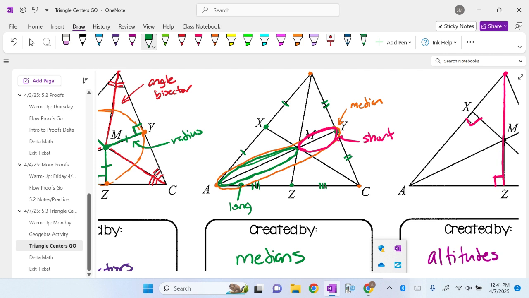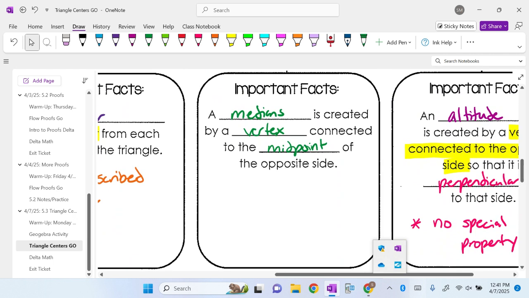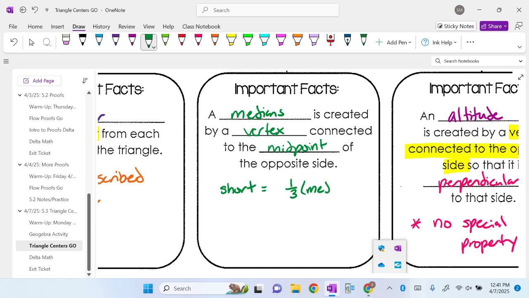And the way it works is that you can find the short segment by taking 1/3 of the median. So the length of the median, you essentially just divide it by what? So if I'm multiplying the median by 1/3, that's the same thing as dividing by what?